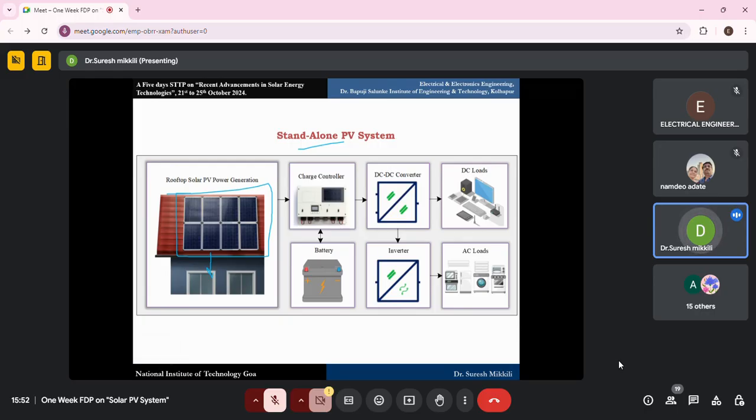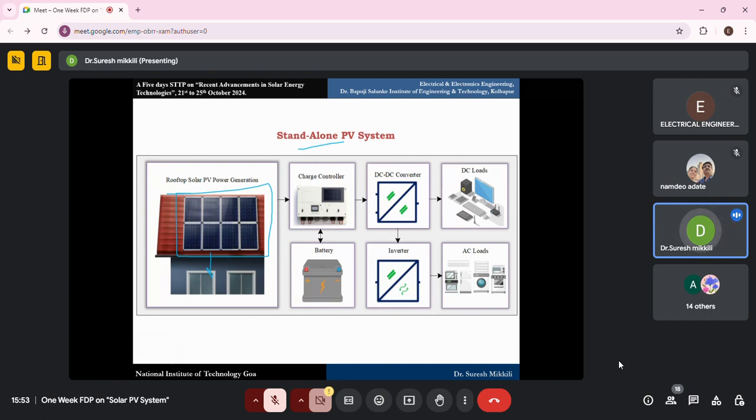If it is a residential standalone, you are not connecting your system to the grid. Not connecting your system to the grid does not mean you are not taking the power supply, even in standalone PV systems, even in an islanded condition.